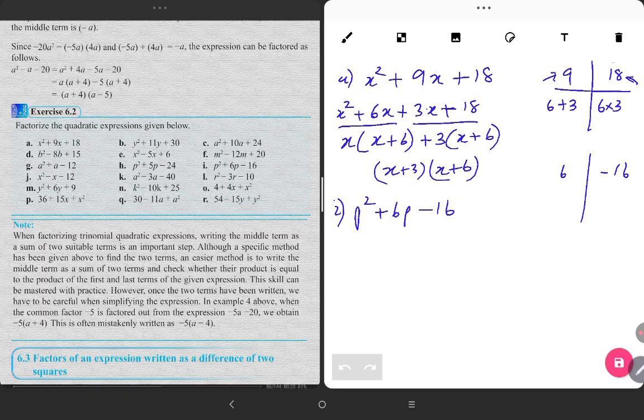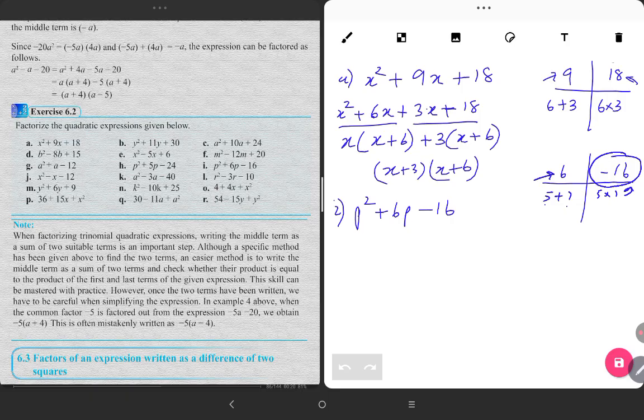So to do this, you can't write 6 like 5 plus 1, because 5 times 1 doesn't fit. But here the key thing to understand is the minus. So it doesn't always have to be 5 plus 1, 4 plus 2, 3 plus 3, nothing like that.